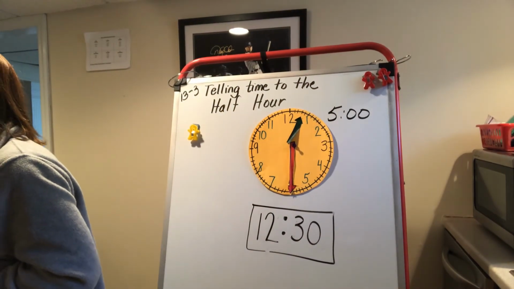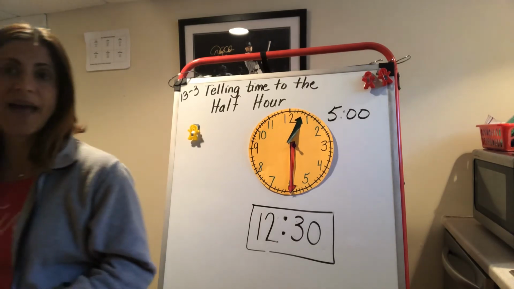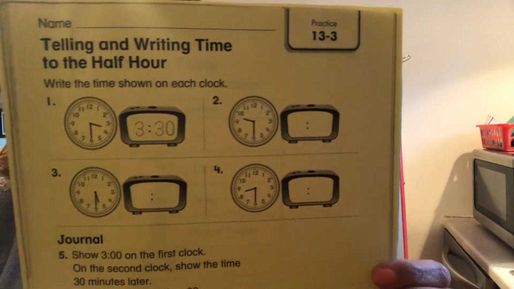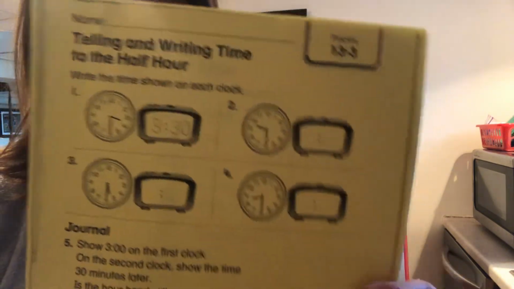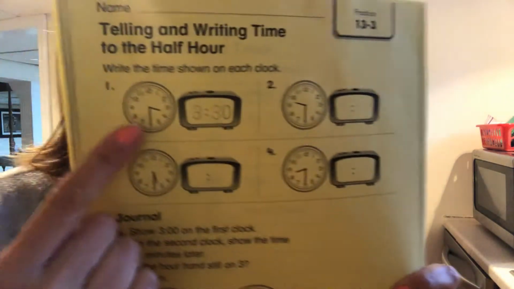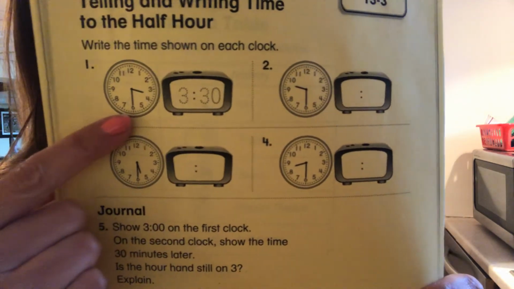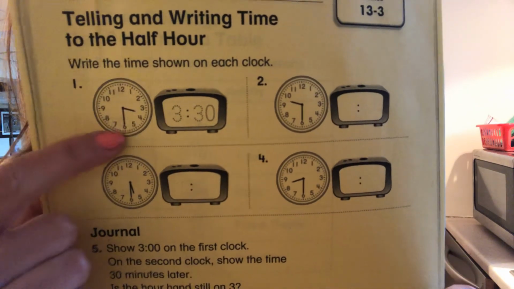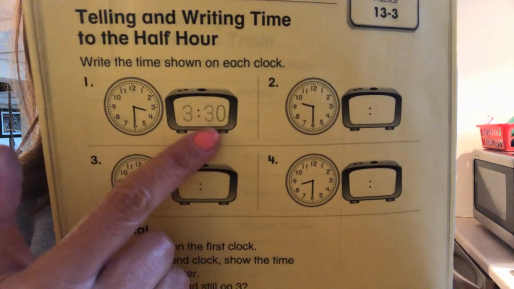Okay? So you are going to do the next page for math today. It's 13-3. Looks like this. Similar to yesterday, except now you have to read the analog clock. For example, number 1 is already done for you. The minute hand, the long hand, is on the 6, so you know the minute's going to be 30.